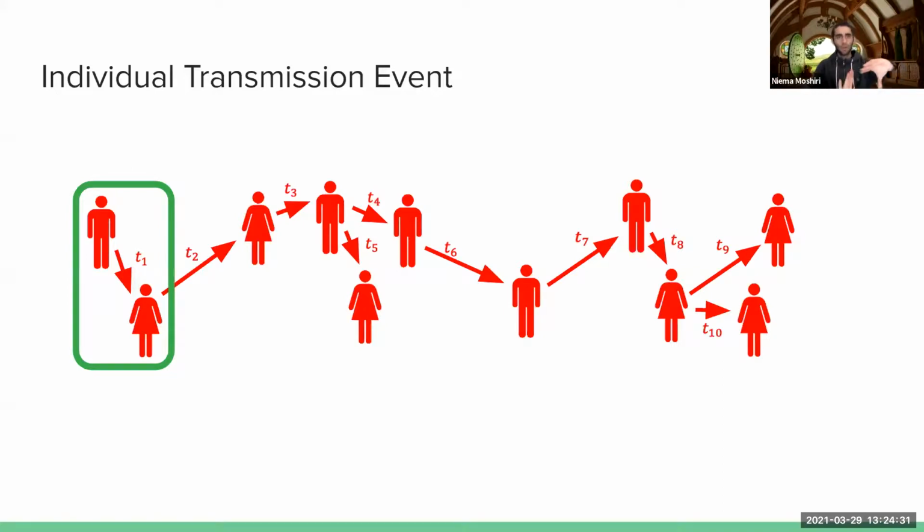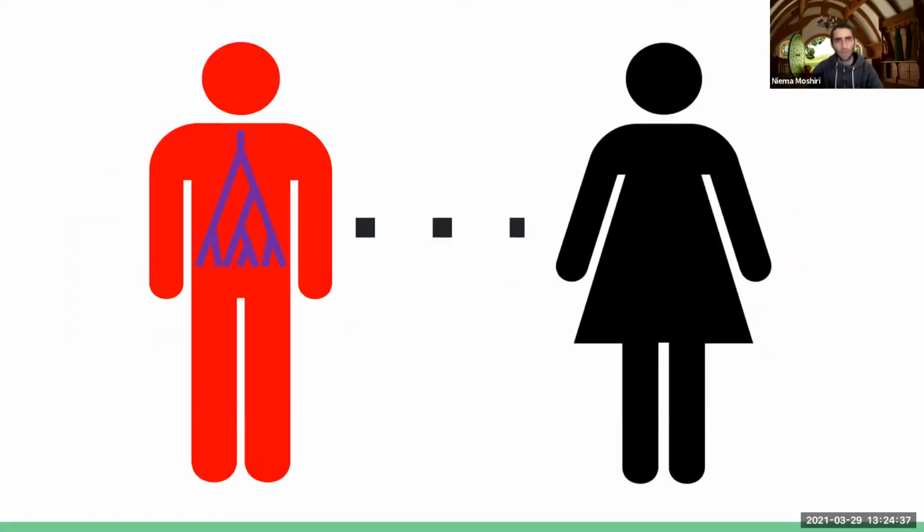So let's zoom in on one of these transmission events and hopefully tie this back to my evolution discussion. If we zoomed in super close in a given person, we can imagine that the person that's infected, shown here on the left, has an evolutionary history of a bunch of viral sequences directly within their body.